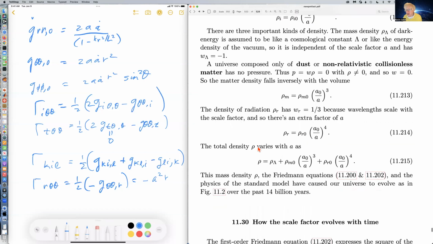With radiation, it turns out that W is a third, and the reason for that is that the radiation decreases, first of all, as 1 over A cubed because the volume is expanding, but then as an extra factor of 1 over A, because as the universe expands, the wavelengths expand, and so the momentum drops, and so the energy density, or equivalently the mass density of radiation, goes down as the 4th power of the scale factor.